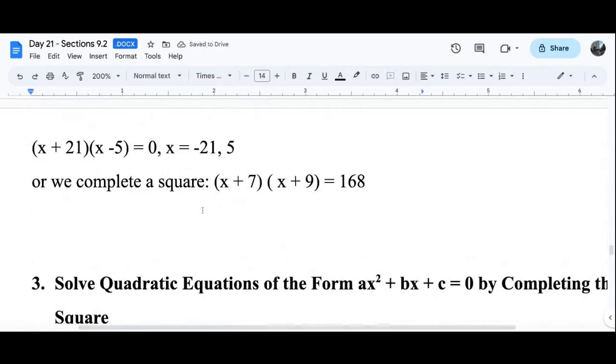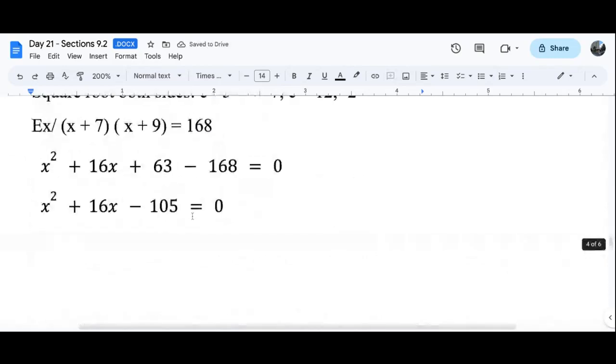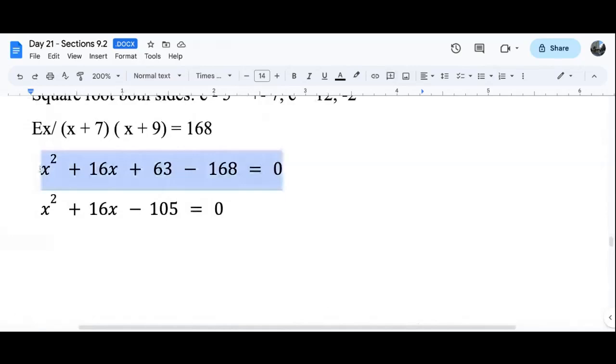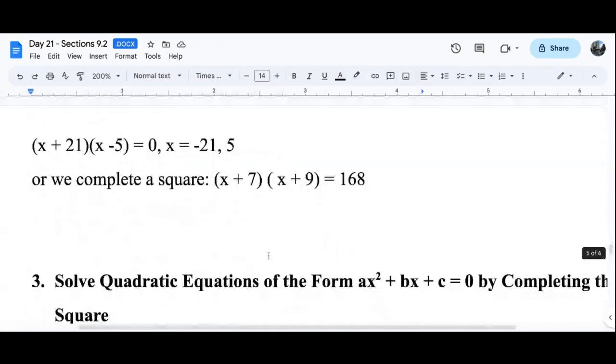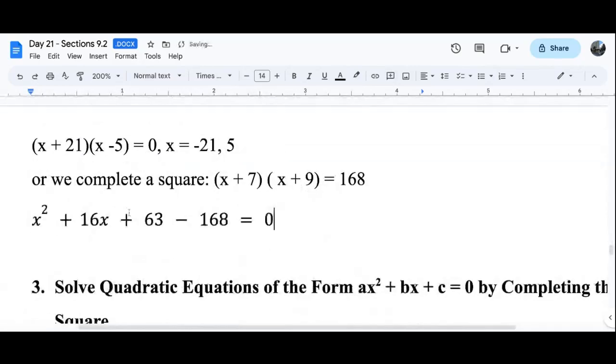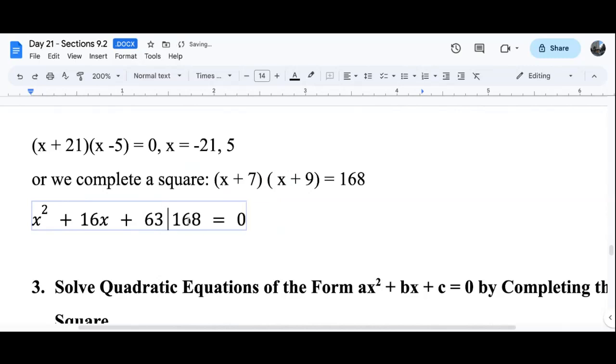I'm going to borrow from here. We expand this: 7 plus 9 is 16, so we get the middle term 16x. 7 times 9 is 63. Do we really have to move 168? We don't have to move 168 to the other side. We'll keep 168 on the other side.